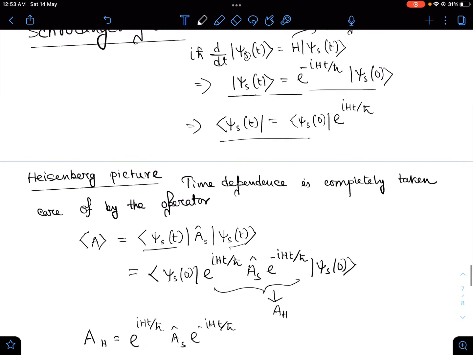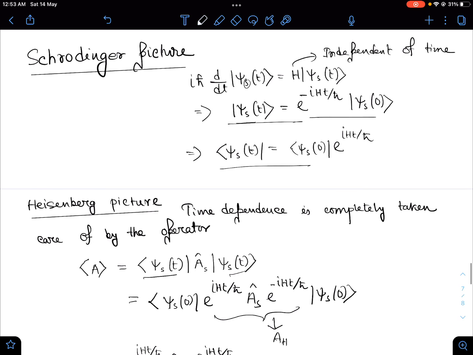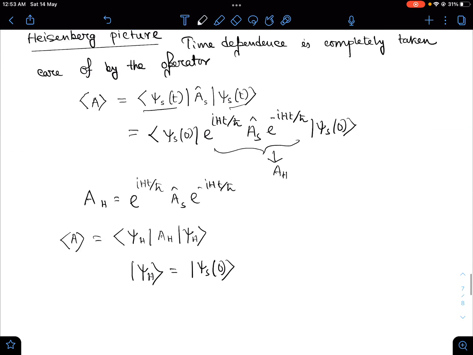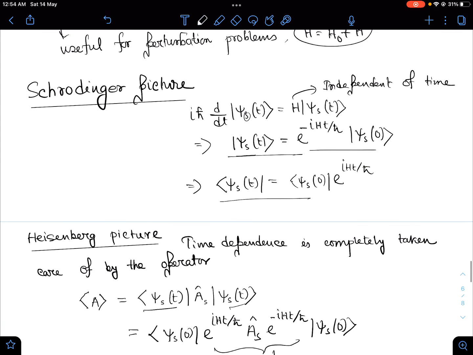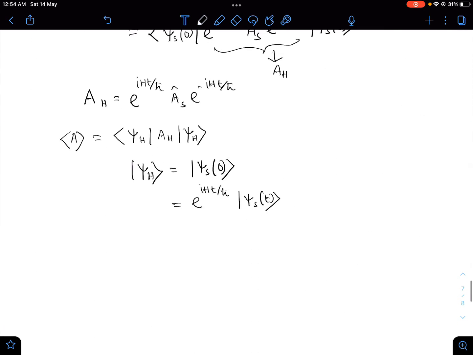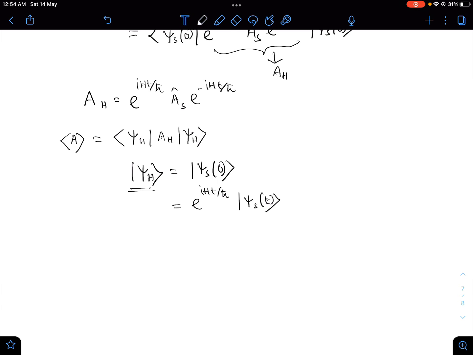Psi S0 we can write as e to the power i H t by h cut psi S of t, since we are substituting this from here. So basically this is our Heisenberg picture. The expectation value is the same in both cases, in the Heisenberg picture and also in the Schrödinger picture.